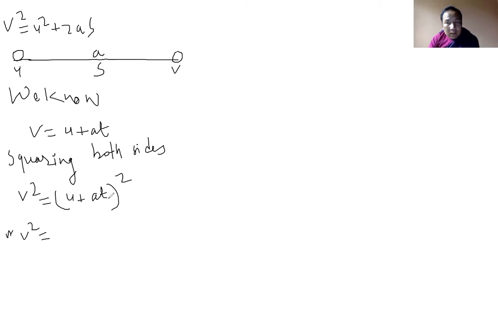So a plus b whole square means the formula is a square plus 2ab plus b square. So let's convert into that form. So this is a and this is b. So it begins with a square, means u square, plus 2ab, 2 times u times at, plus b square, means at whole square.